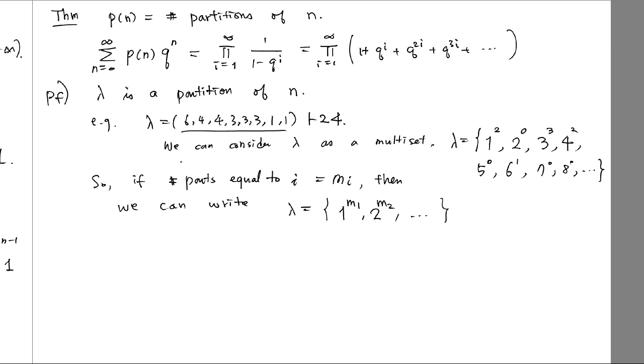We can take any of the terms in this infinite product, but if there are m_i parts equal to i, then in this product we select q to the m_i times i.